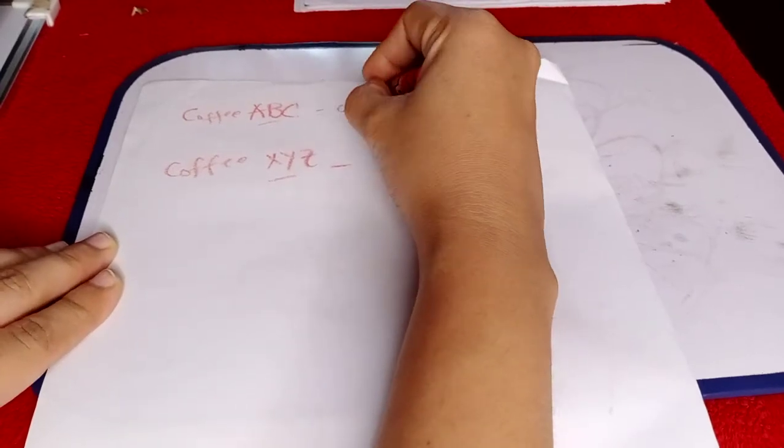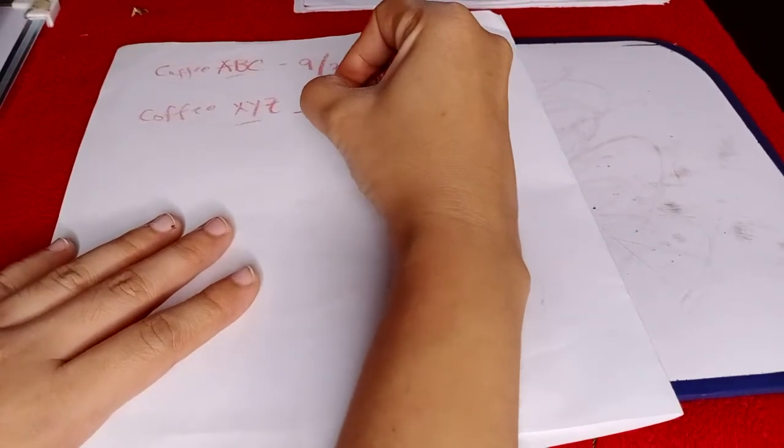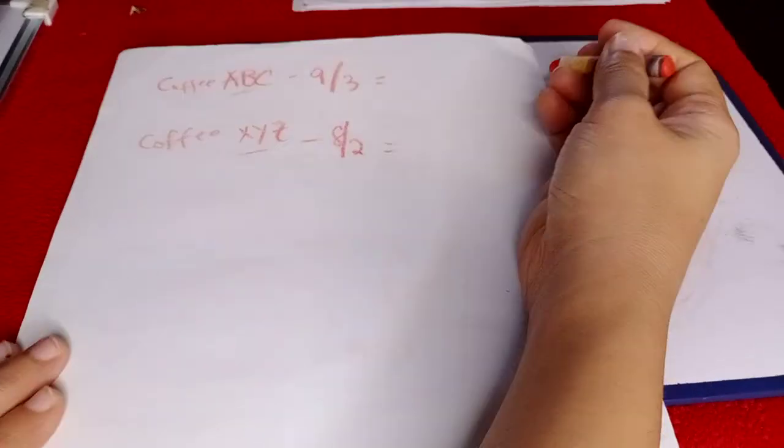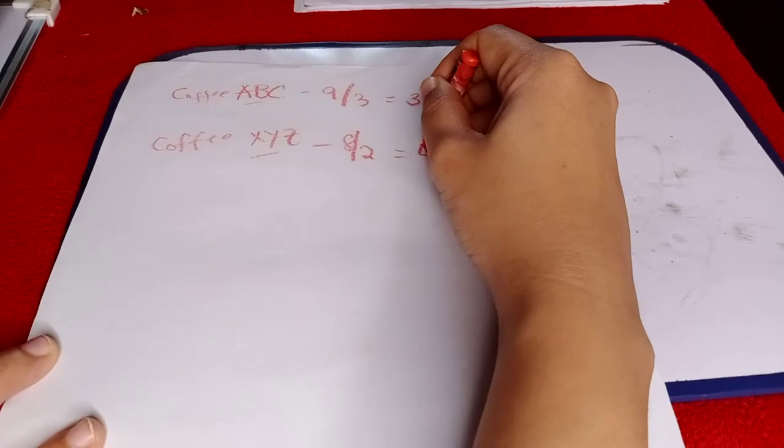So 9 over 3, the opposite one. And instead of 2 over 8, it is 8 over 2. Okay, so we need to compute this. 9 divided by 3 is 3, and 8 divided by 2 is 4.